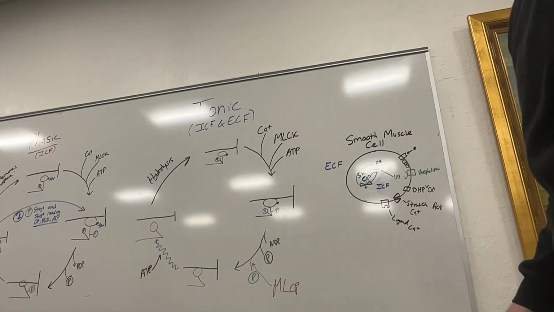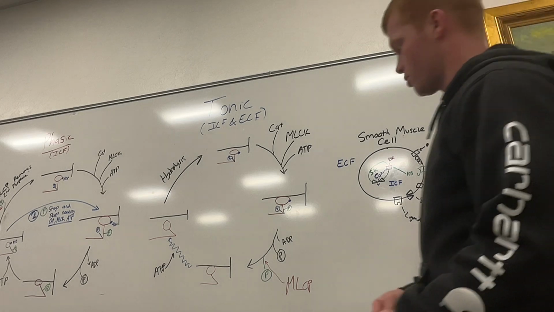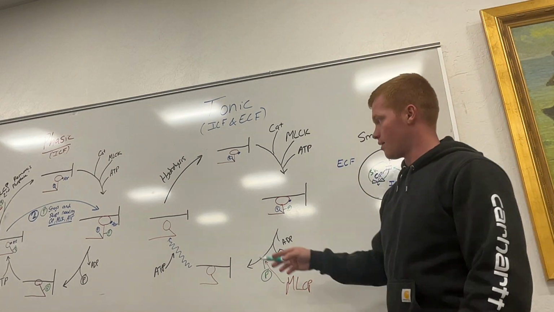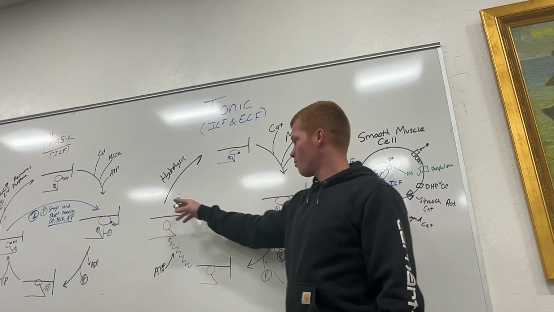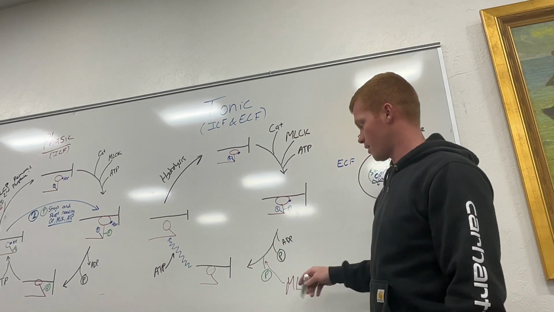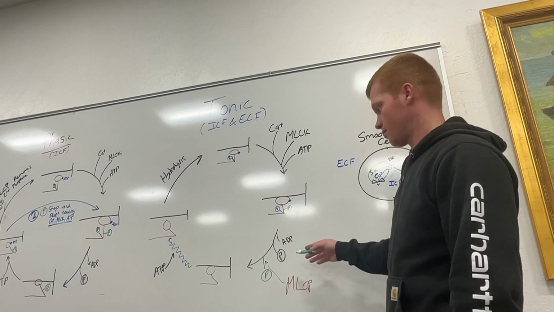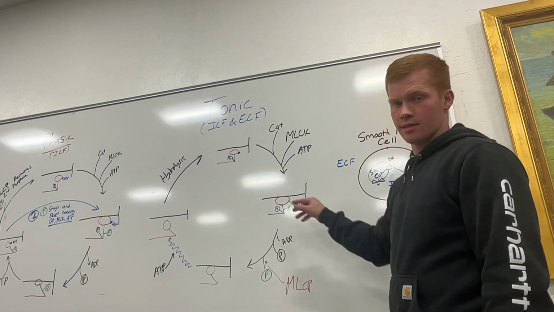Because if there's a larger ratio of MLCP compared to MLCK, then it's going to be able to do its job over here, but it's also going to have the opportunity to come over here and take off this second phosphate even earlier in this phase of the cycle.